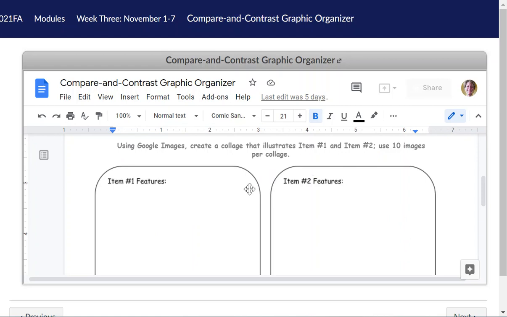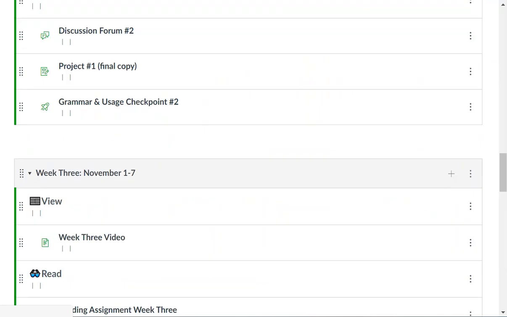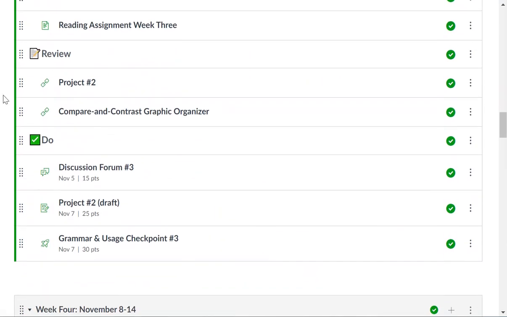You'll use 10 images per collage. So 10 for item number 1, 10 for item number 2. My suggestion is you go to the File menu, you make a copy of this, and then you can share the link with me, or you can download it into a Word or a PDF file in order to upload it for the assignment. If you have any questions about that, let me know.